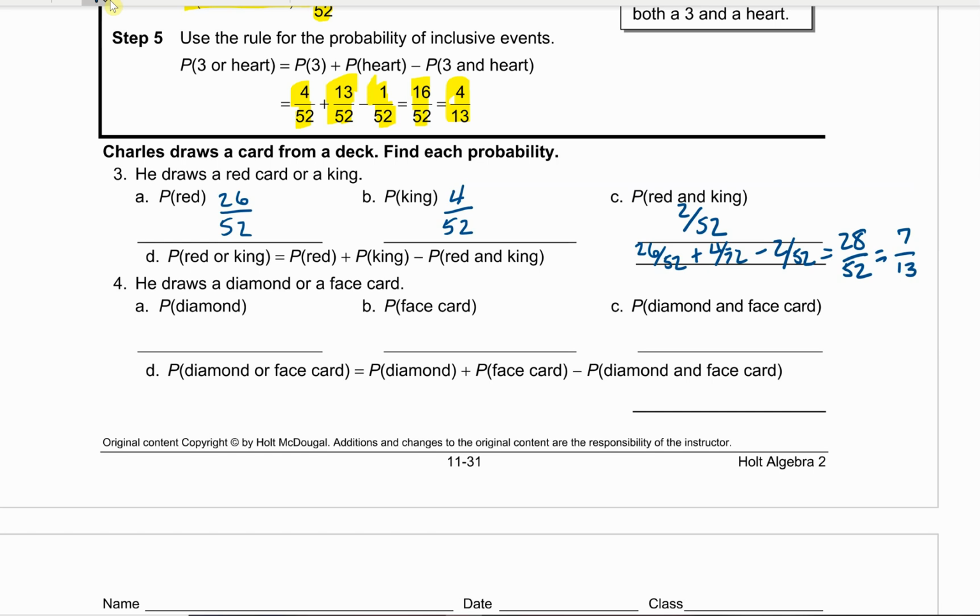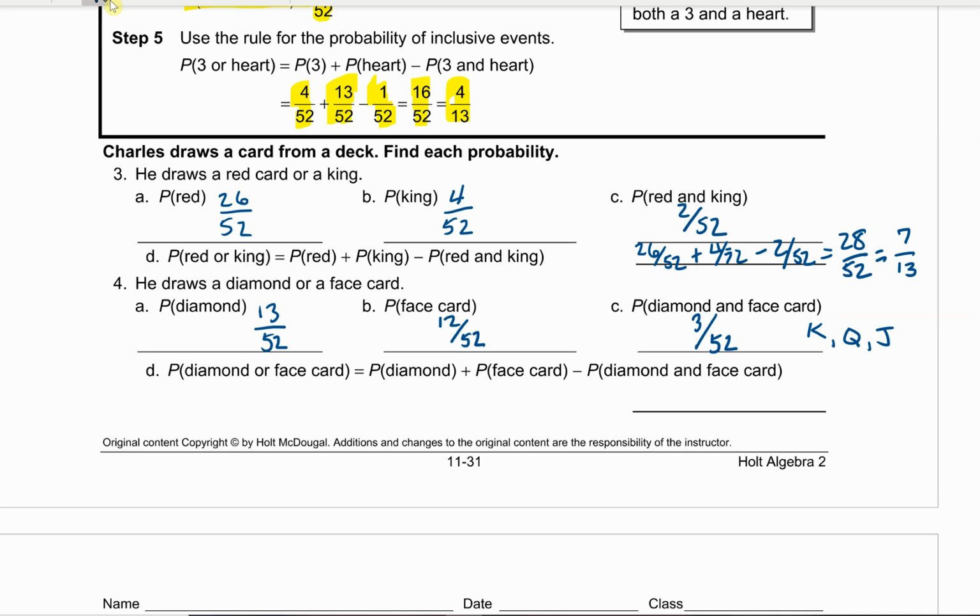A diamond or a face card. All right, so diamonds. There are 13 diamonds. Face card. There are 12 face cards. So we got 13 out of 52, 12 out of 52. There are 3 face cards that are diamonds: king, queen, and jack.